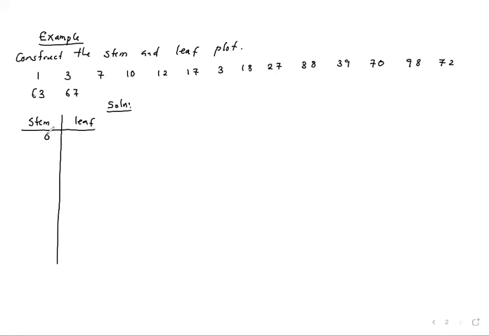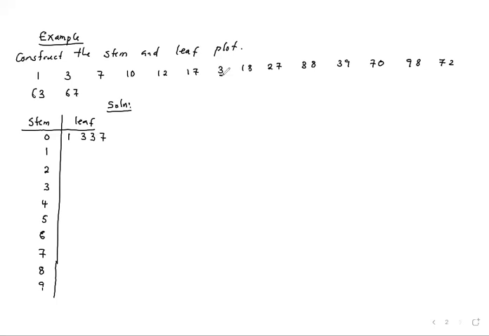So we have stems 0, 1, 2, 3, 4, 5, 6, 7, 8, 9. And then for 0, we have 1, we have 3, we have 7. We also have another 3 here. Okay.